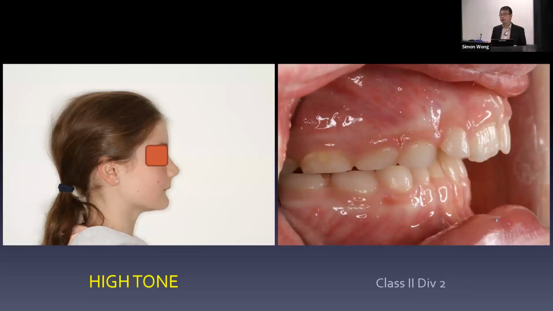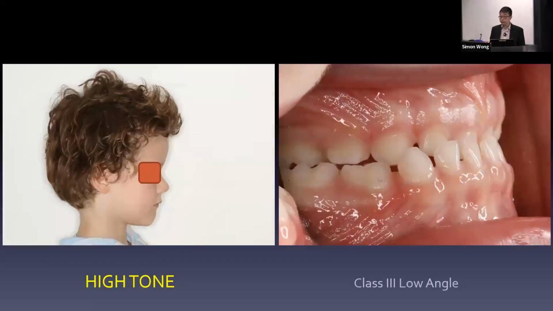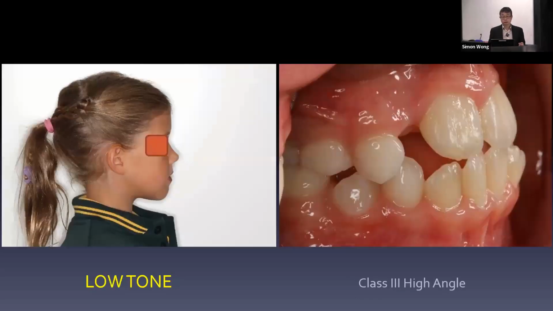Division 2 malocclusions are usually high tone, strong muscles, the bruxes. Low angle class 3s are high tone. High angle class 3s are low tone. Their jaws diverge because they're never together.